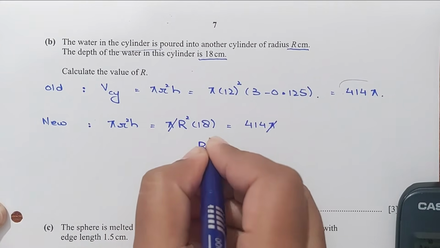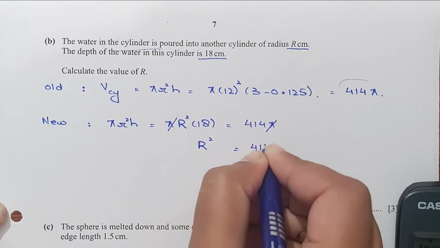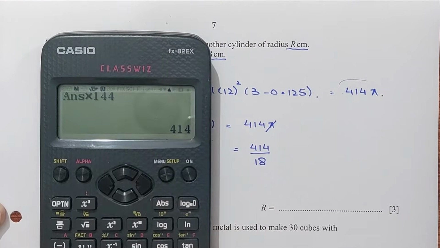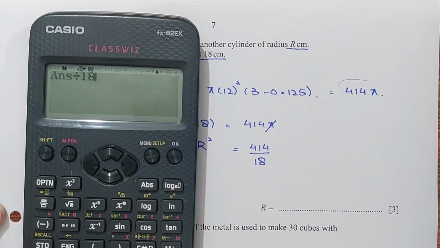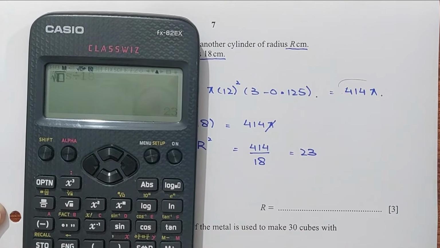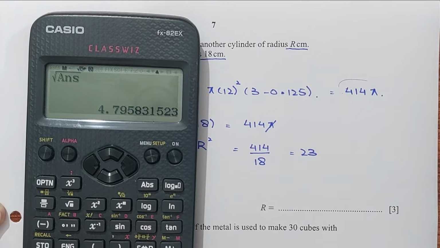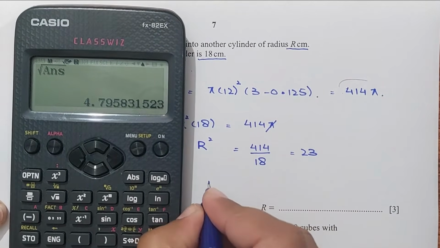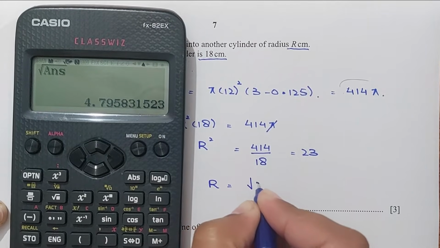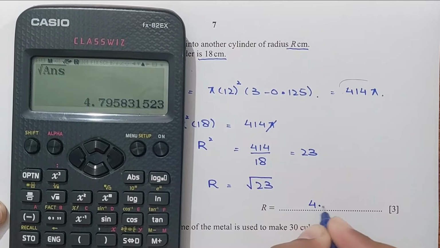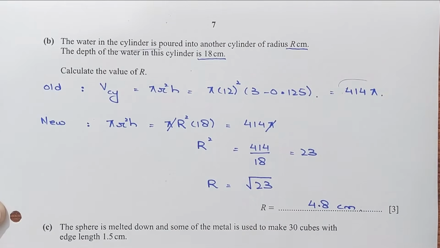So r squared would be 414 divided by 18, and taking the square root on both sides to solve for r. 414 divided by 18 is 23, and the square root of 23 is 4.79, or we can say r should be equal to the square root of 23, and if I round it, it's just 4.8 centimeters, the radius of the new cylinder, right?